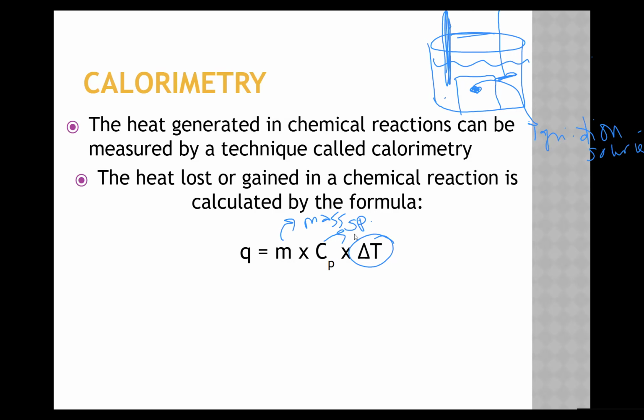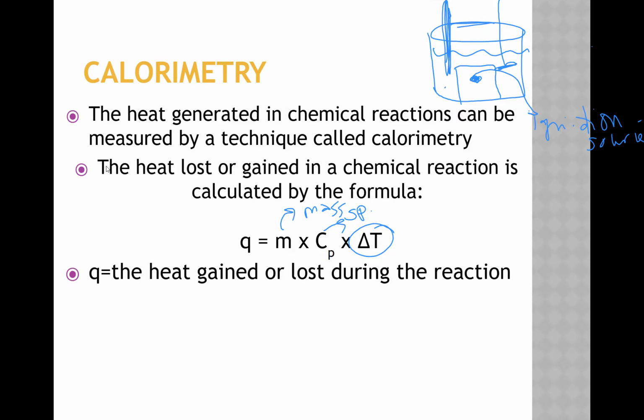You can still measure it, because all that energy that Cheeto released, or whatever it is that you're burning, gets released into the water, and the water absorbs that energy change. So it is pretty accurate, even if you're not using the specific heat and mass of that substance.